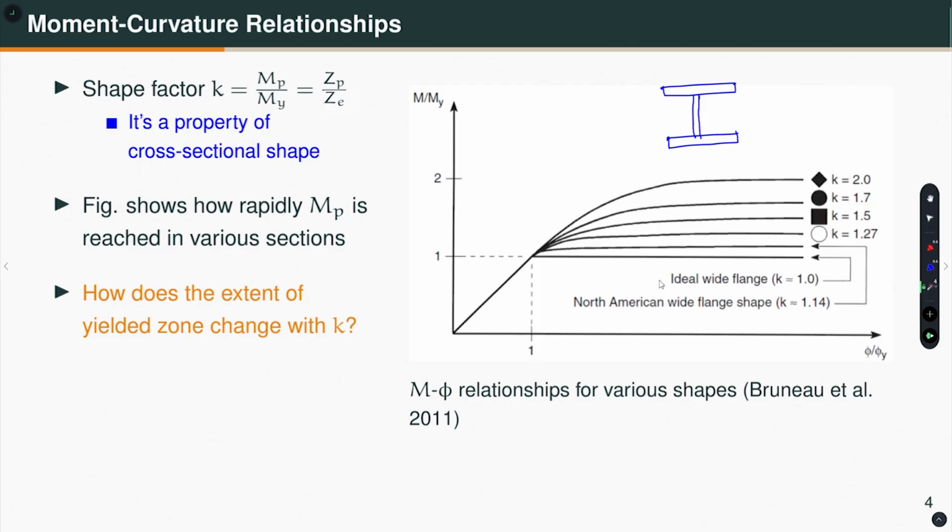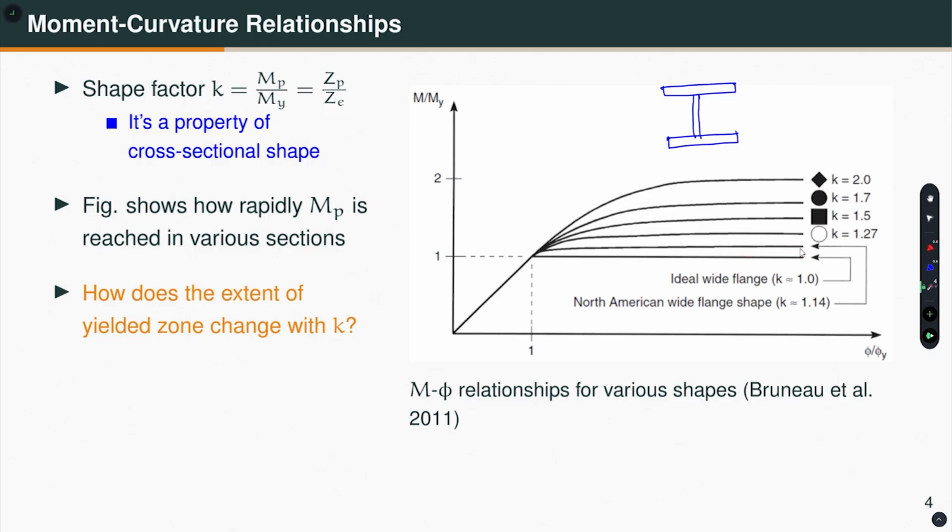If you consider an ideal wide flange section, ideal section means, as I explained in the previous lecture, you have 2 flanges, there is no web. So, for that the shape factor is equal to unity. That means, this is the linear elastic part, and then it basically follows the EPP stress strain response.